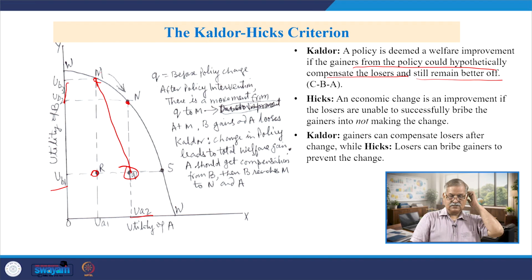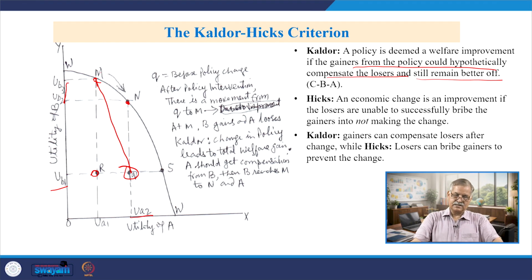But in this graph, it may be reversed also. We can start reversing it, and in both ways the overall improvement is increased. So you can say after policy intervention there is a movement from Q to M, and at M B gains, A loses.